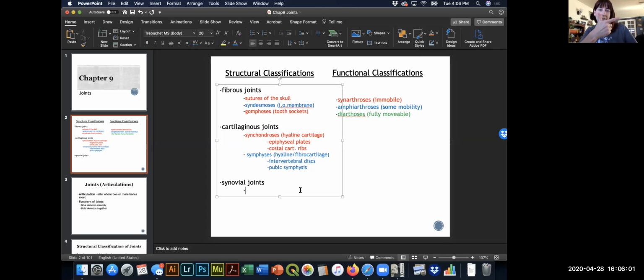That's 2 things. Inside of that synovial cavity, or joint cavity, there is synovial fluid. The synovial capsule encloses all of the above. And what was the last thing? Was it blood supply?